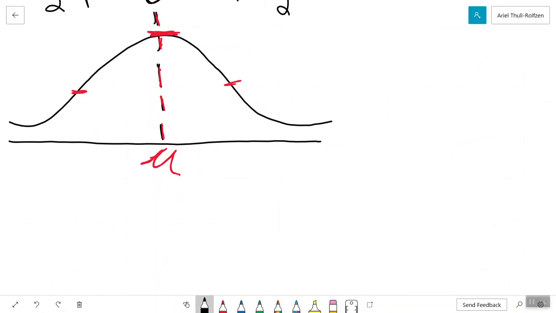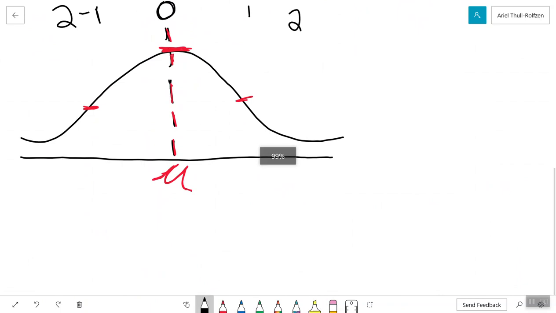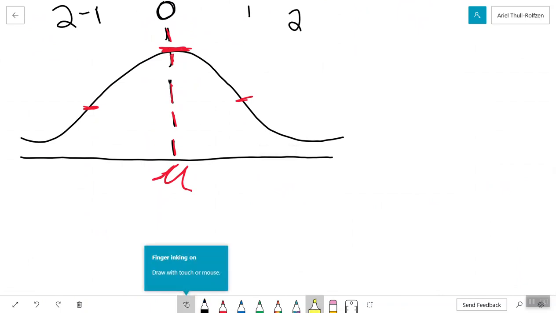So now let's talk about standard deviation and where that plays a part in this. I'm going to use this bell curve right here.